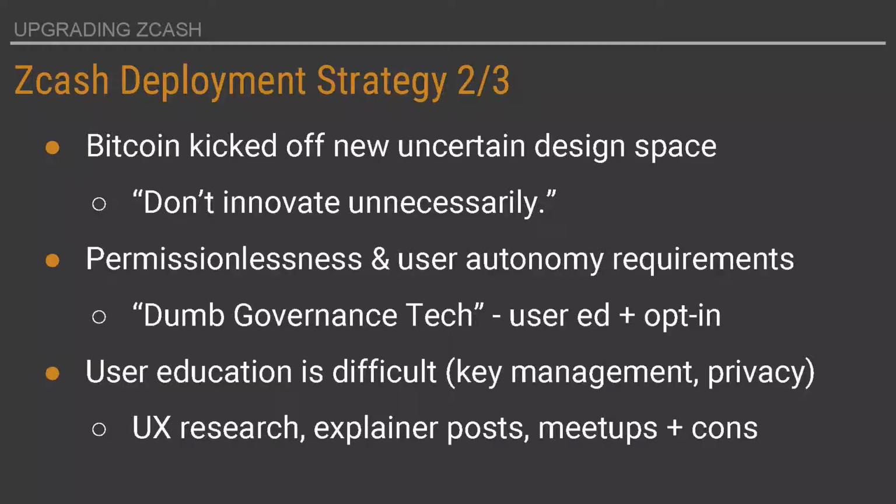Coming back to the fact that Bitcoin has sort of opened up this new design space, one of our technical strategies is that we don't innovate unnecessarily. So we are specialists at privacy and zero-knowledge proving technology, and as much as possible, we try to focus on that. So this might be in contrast to Ethereum, which compared to Bitcoin, sort of innovates on every possible axis simultaneously.